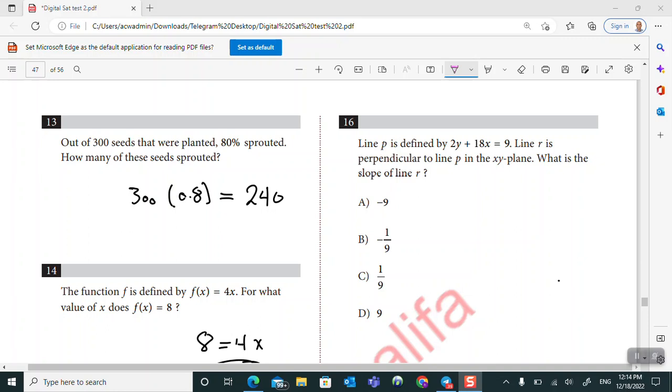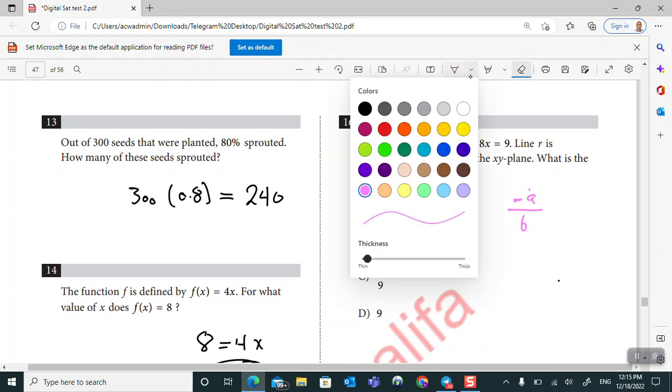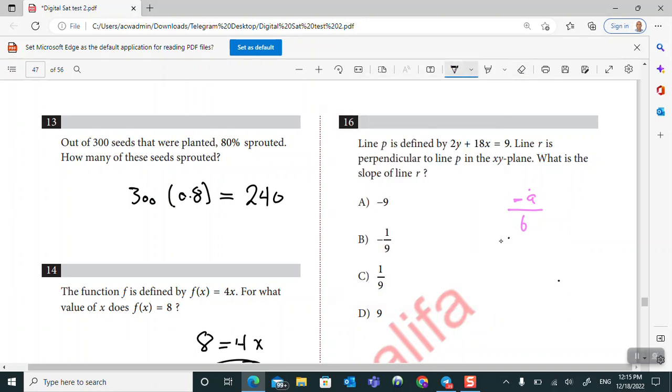The slope of line P is negative A over B, and take care that this is B and this is A and this is C. So negative A over B is equal to negative 18 over 2, which is equal to negative 9.